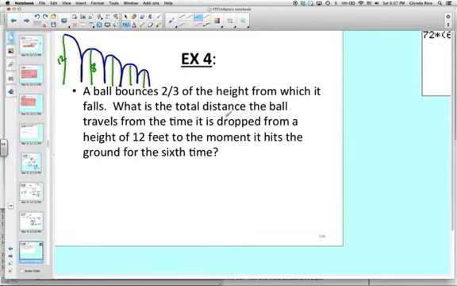What's the total distance when it's dropped from a height of 12 feet to the moment it hits the ground for the 6th time? Okay, let's count how often it hits the ground. There's 1, there's 2, there's 3, there's 4, there's 5, and then it goes up one more time and hits 6.